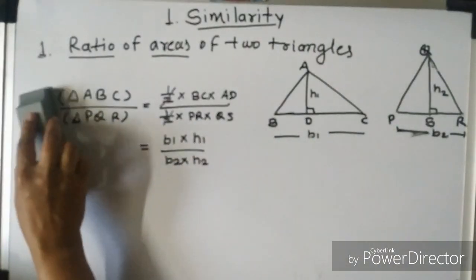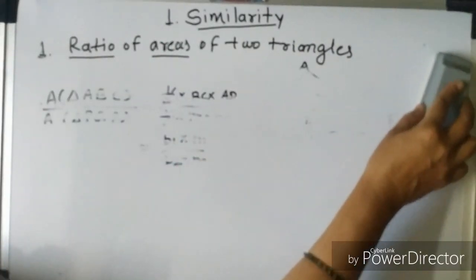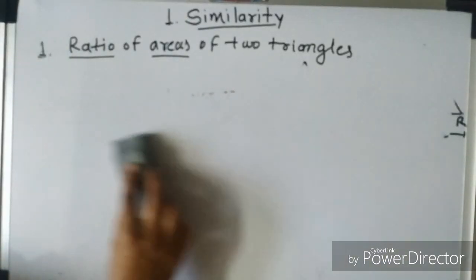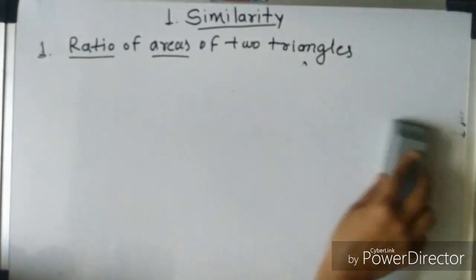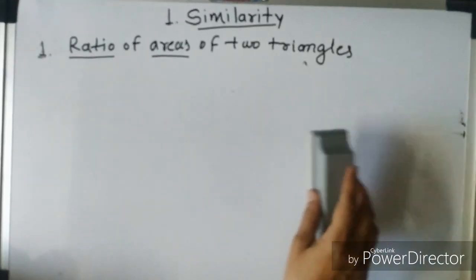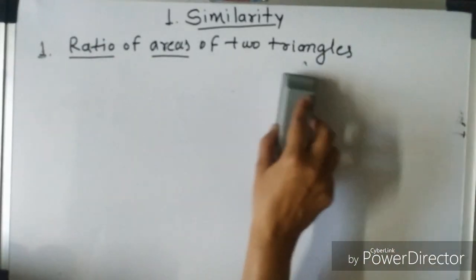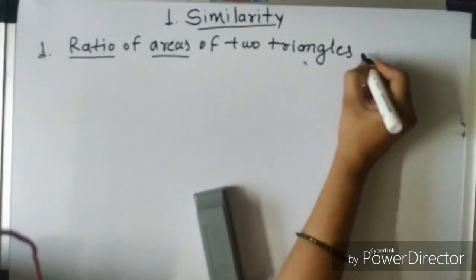Next, let us suppose there are two triangles which have the same height. Two triangles of the same height.